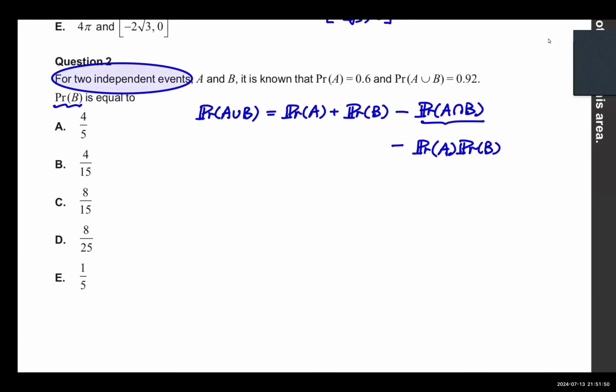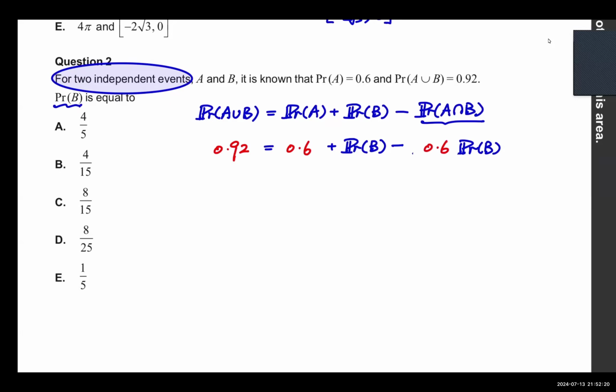Pretty much you can just replicate whatever you had here. So for example, this bit can be replaced by 0.92, and in this place we will sub in the value of probability A. Also, you can sub in the probability value A here.